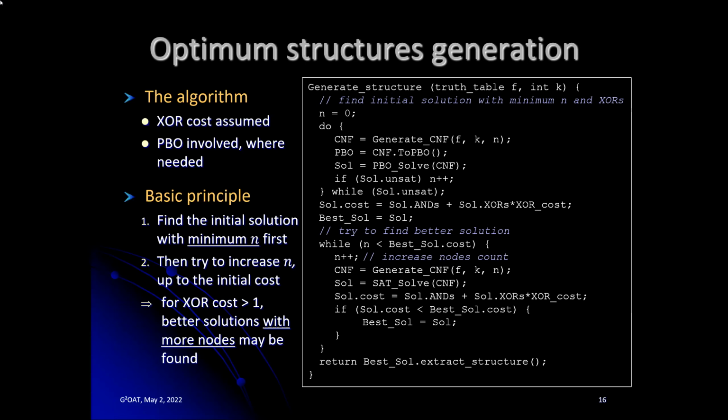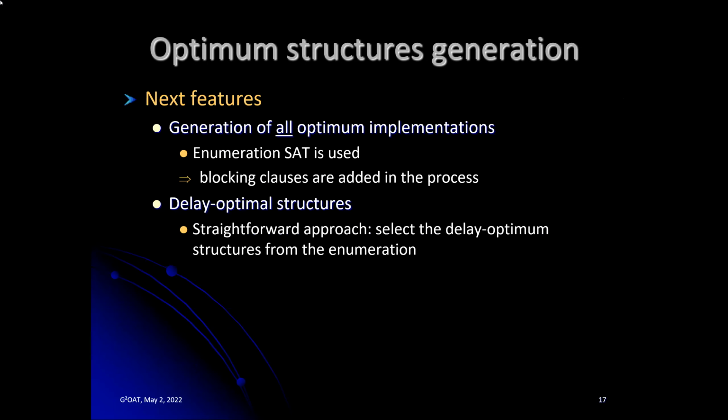So we ask the question: does there exist a solution with n1 gates, which is smaller in terms of size, not of the number of gates? And if yes, we increase that bound and so on, until we find the optimum in size.